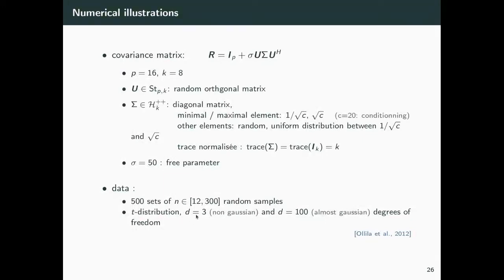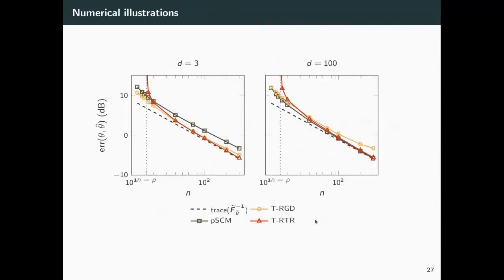So D equal to 3, for which we have highly non-Gaussian data, and D equal to 100, which is almost Gaussian. Okay, so what we have in the results is, the first thing is that in both cases, our estimators reach the bound, which is what we hoped for.